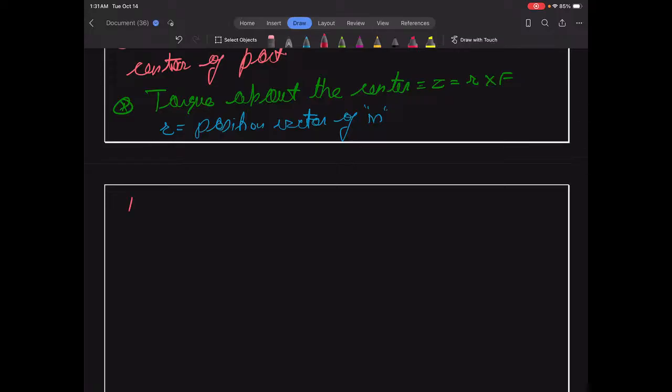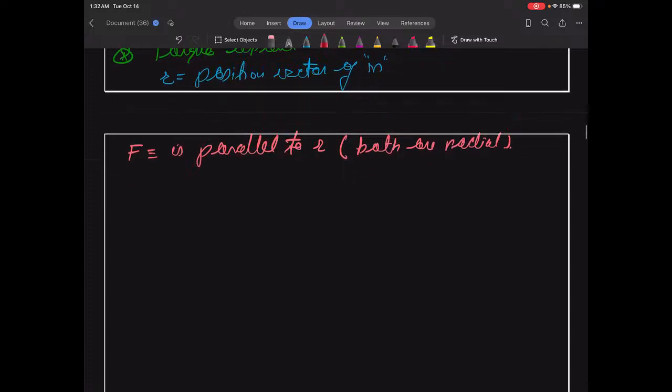So we can write that our F is parallel to R, or we can say both are radial. And if both are radial, therefore we can say that our torque, the cross product, will be equal to 0.